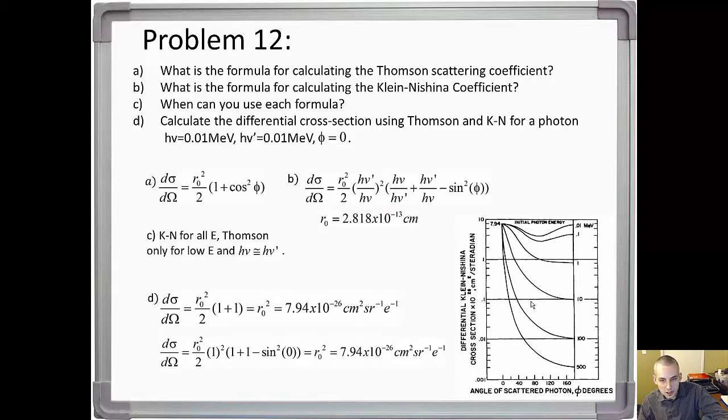So here's a plot depicting differential Klein-Nishina versus angle of scattered photons as a function of initial photon energy, and the different energies for the initial photon energy. And if we look at scattered angle being 0, we look at 0.01 MeV, we get the same answer, 7.94.